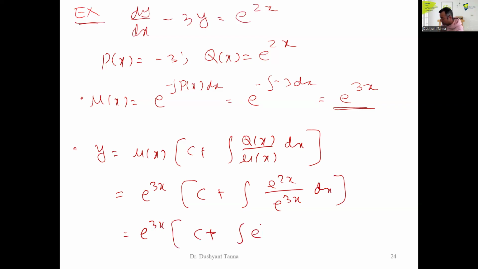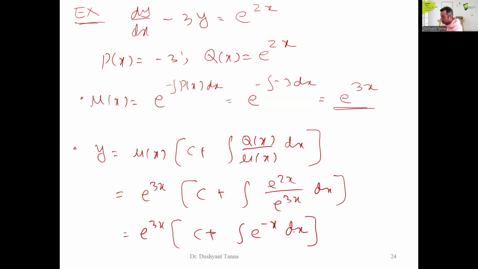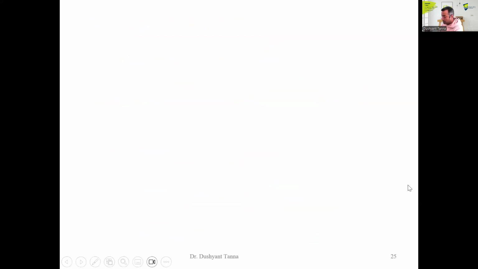Once you simplify, can I say e raised to negative x, like 2x minus 3x? And therefore, my y is e raised to 3x bracket. What is the integration of e raised to negative x? Just e to the negative x, yes, with a minus in the denominator.